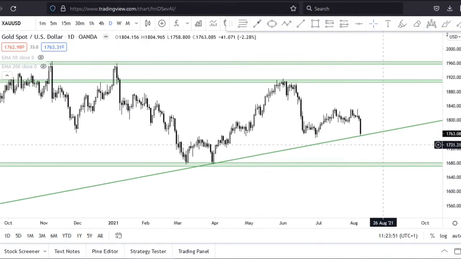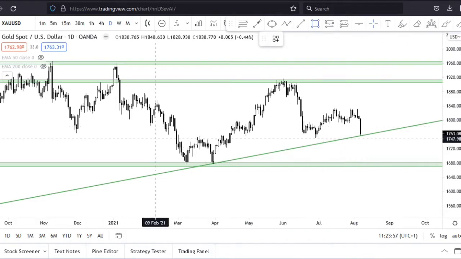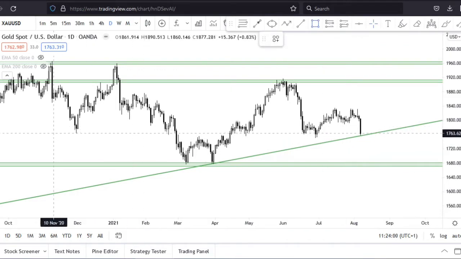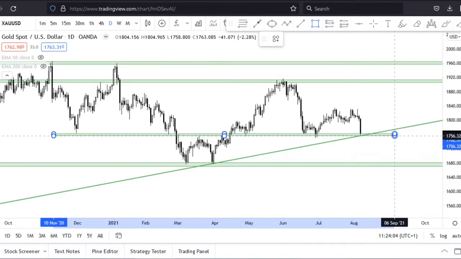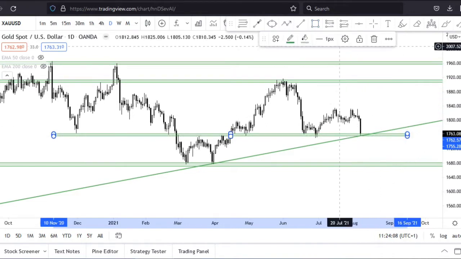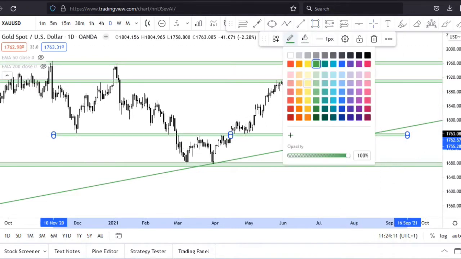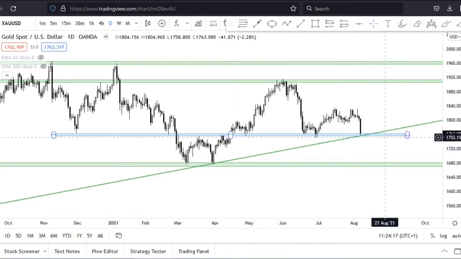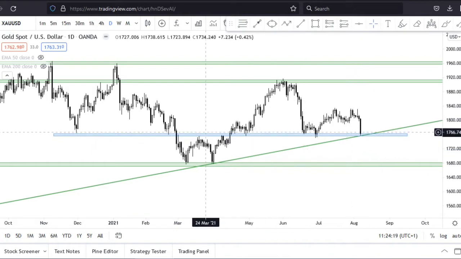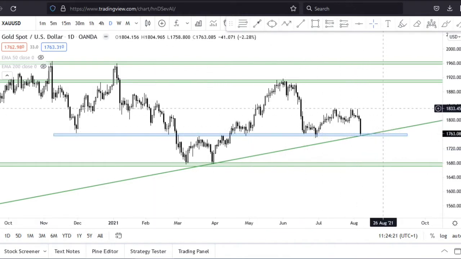Okay, so another area that we need to identify is this area here where price has just gotten to, which is also another key area of support, which also coincides with the trend line. So I'll be identifying this daily support level, which we're going to represent with a blue candlestick with a blue line here, as our daily support level where price has gotten to right now.